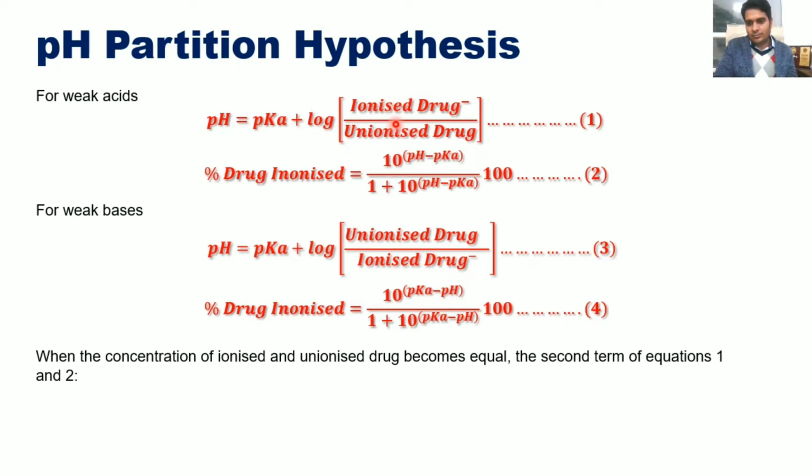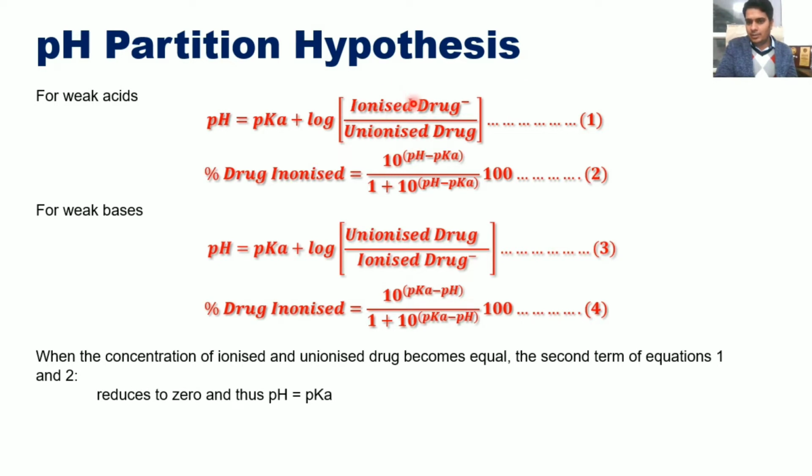As we know that log 1 is 0, the equation reduces to 0 for that term, and pH will be equal to pK. This is true for both weak acids and weak bases.